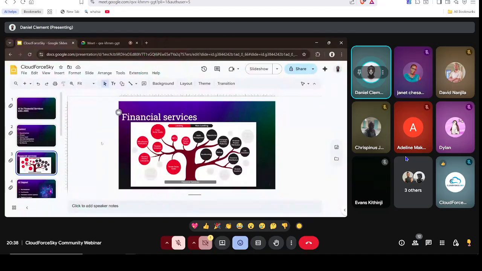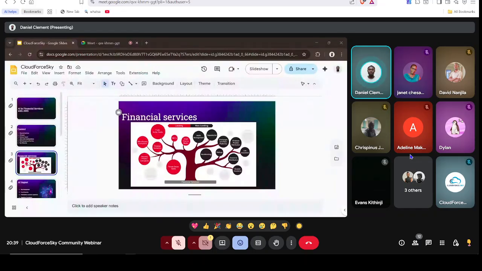So let's look at financial services. When we talk about financial services, what are we talking about? Financial services on a broader spectrum, we have the photograph of it, but I'm going to touch a little bit on the core categories which we normally interact with on a daily basis.